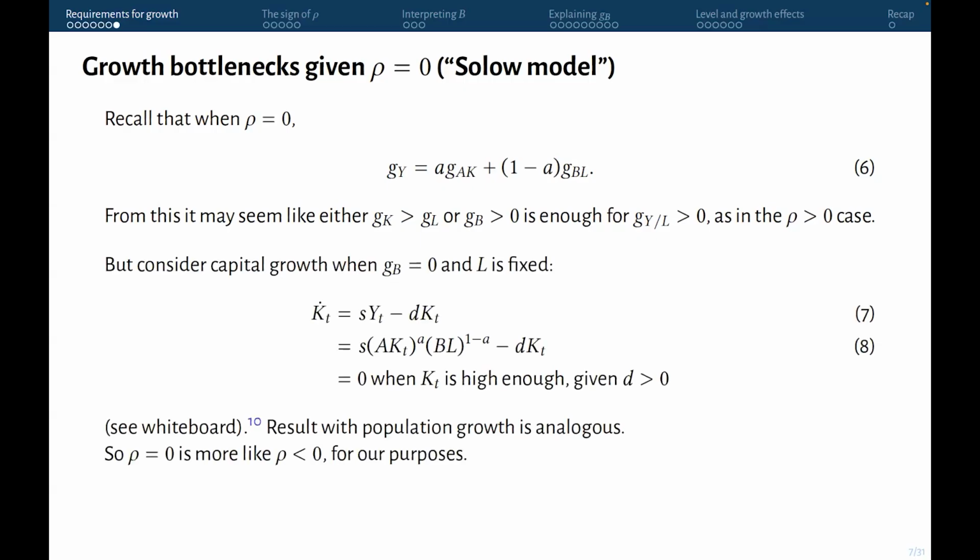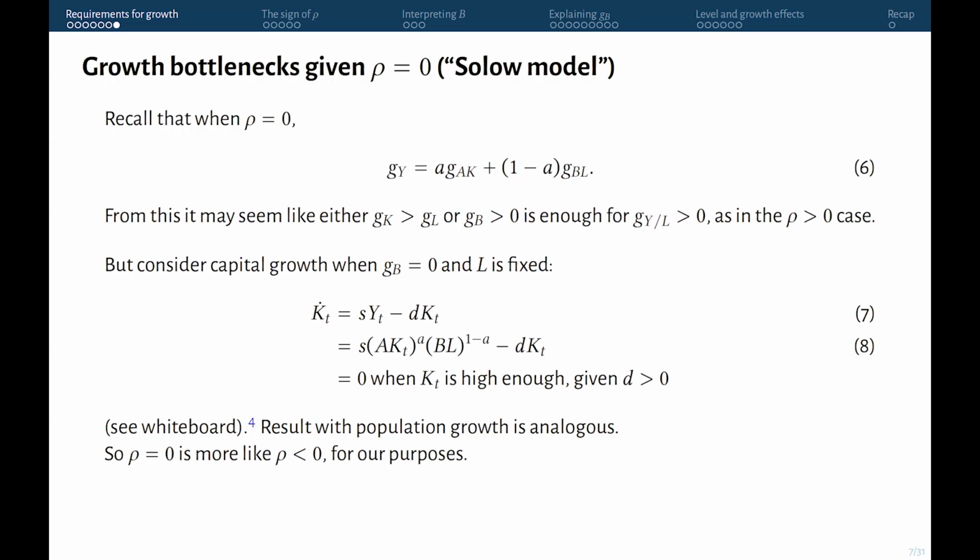But that's not exactly right. And the reason is depreciation. So in the gross substitutes case, if you fix the saving rate, and if you don't have any capital, how much output you get out of each unit of capital is really high.